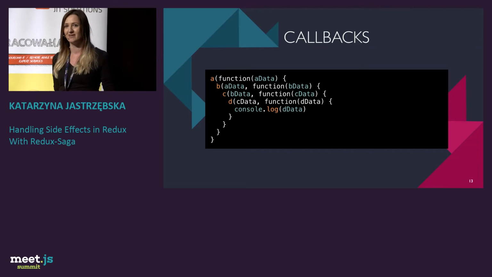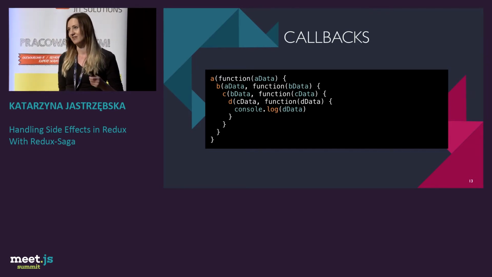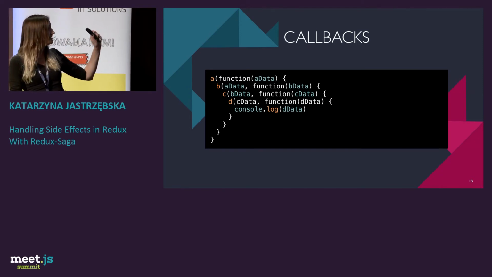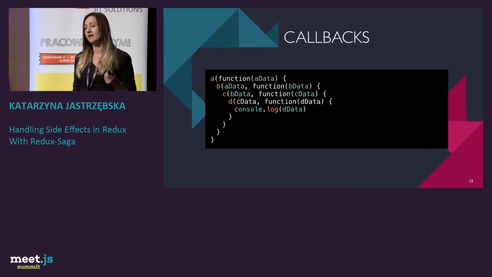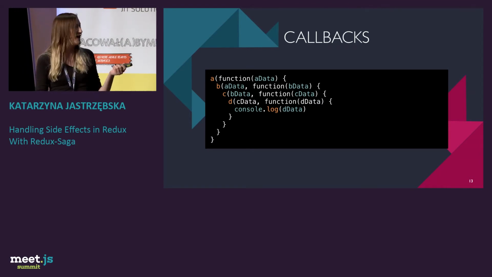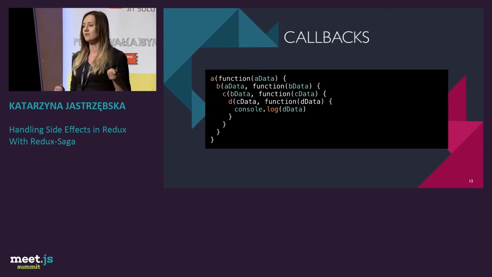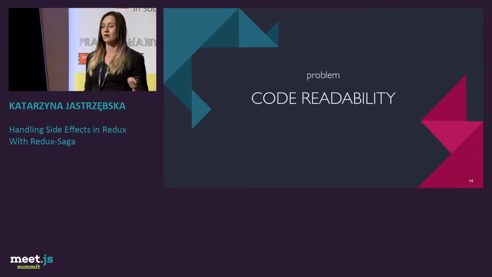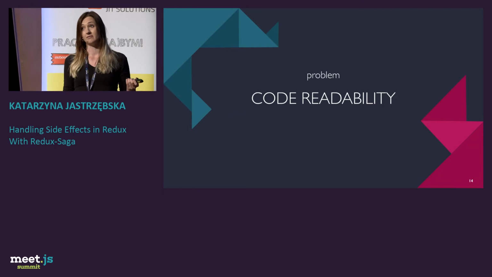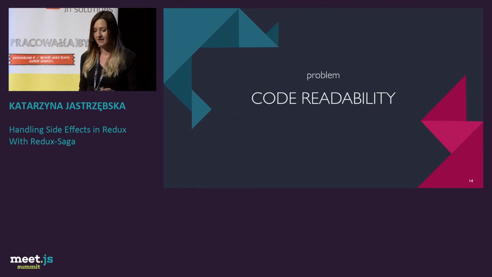It's like the number 1 question in every recruitment process: what is the callback hell? So nesting, many callbacks. It's really hard to debug this. And it's really hard to actually write easy, readable, and nice code. So the problem is code readability with just using callbacks, as you probably noticed.